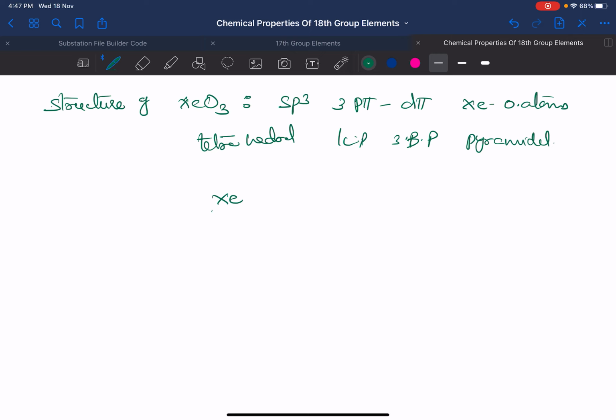So we will write the structure of xenon trioxide. The 3 oxygens have the d pi p pi bonds, and one lone pair is present at the top of the xenon atom. So its structure will be pyramidal. That is about the structure of XeO3.